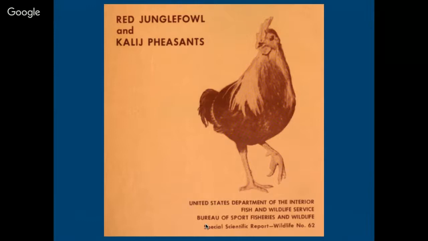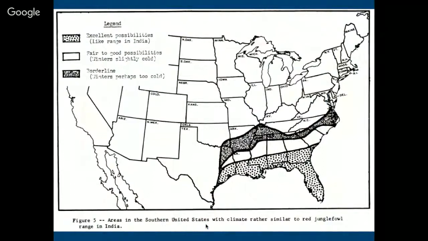And so here's a report that was published, Red Junglefowl and Kalige pheasants. You can see it's published by the Fish and Wildlife Service. And there's some very interesting things that Bump does in this, and this is one of the most exciting.